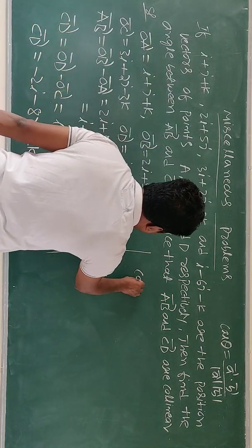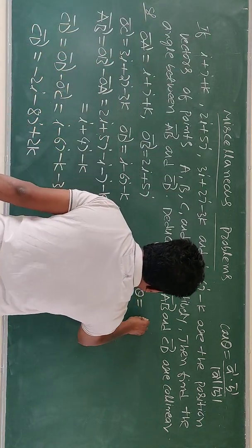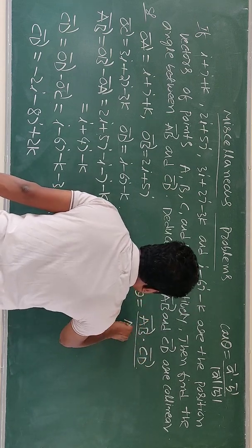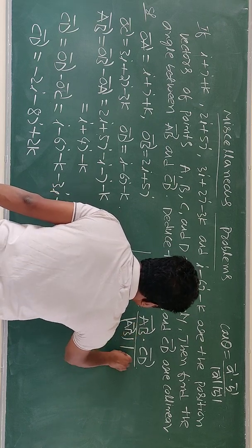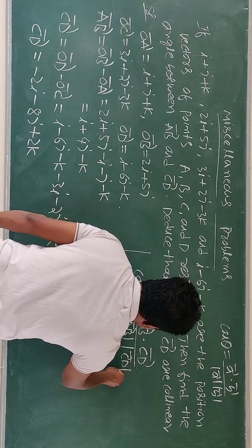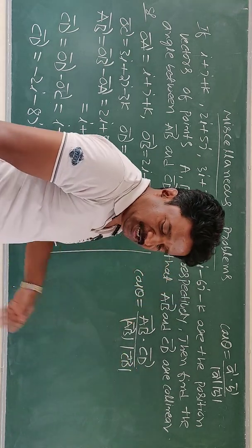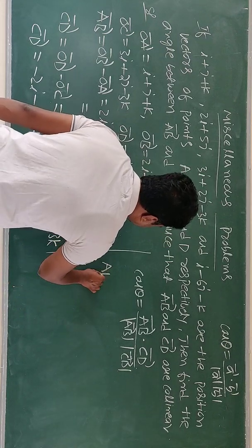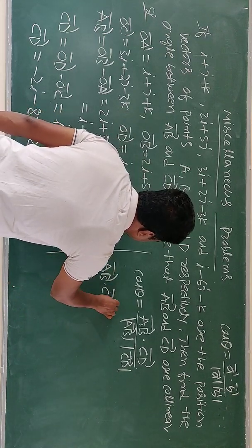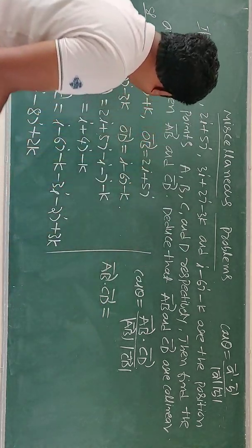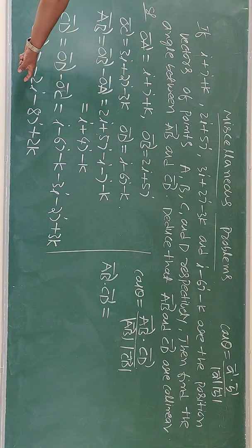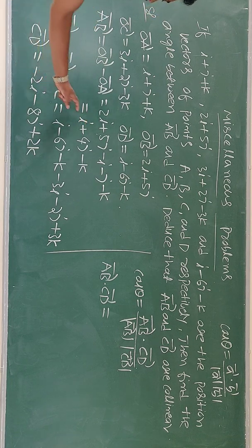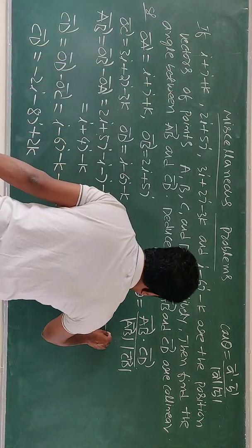Tell me that angle formula. Cos theta is equal to AB dot CD by length of AB into length of CD. You calculate and substitute, students. Find out the dot product between AB and CD. For i: 1 into minus 2, minus 2.